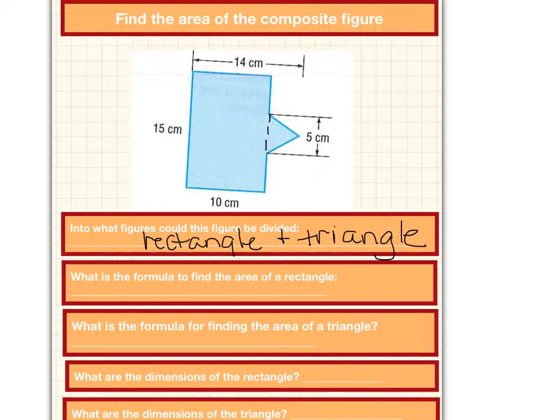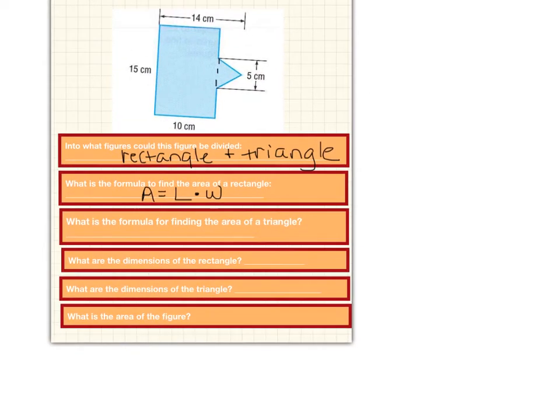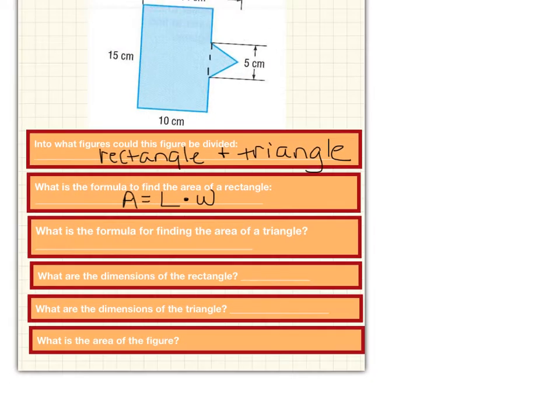What is the formula to find the area of a rectangle? Hopefully you will always remember that it's length times width. And what is the formula for finding the area of a triangle? We've done enough of that that you should know it. The area of the triangle is 1/2 times base times height.